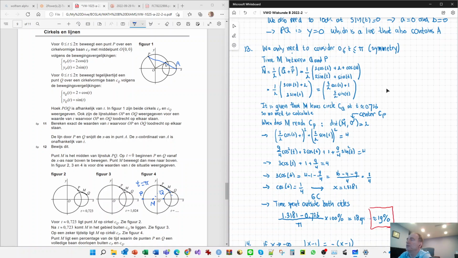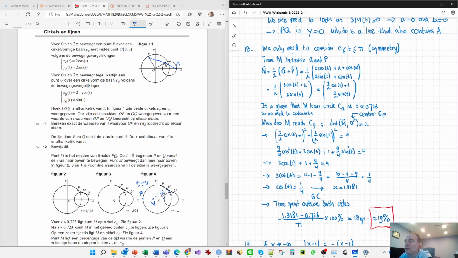I think I already argued that you just need to consider from 0 to pi because of the symmetry. Maybe there are other ways, but what we can do is give the expression for m and then see when it's not inside one of the circles.